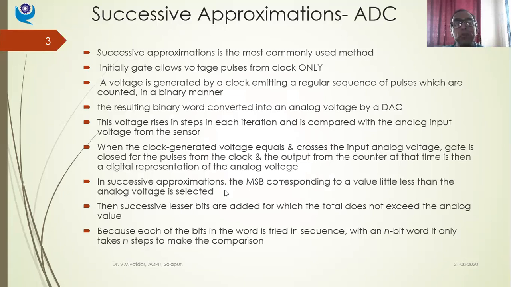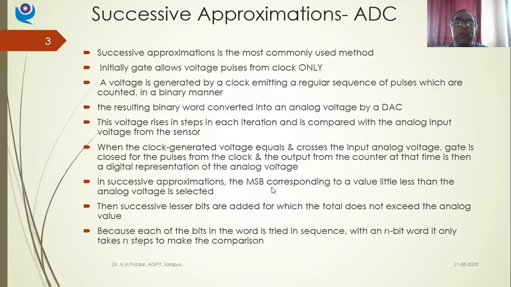In successive approximation, the most significant bit, the leftmost bit, corresponding to a value a little less than the analog voltage is selected. If I am going to measure 8 volt, I'll start with a digital word corresponding to maybe 7.5 or 7.6 volt. It depends on within how many iterations I want to reach the unknown value.